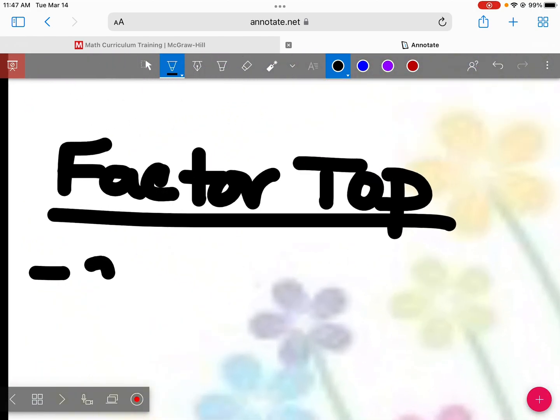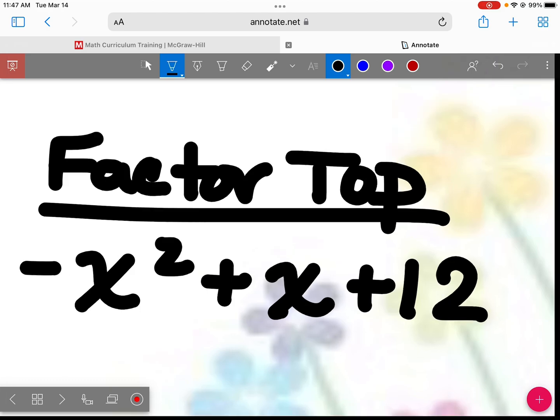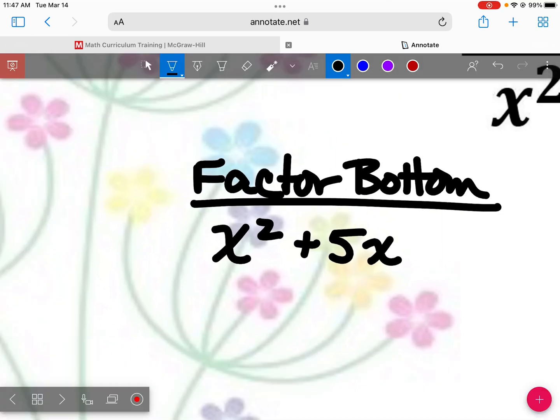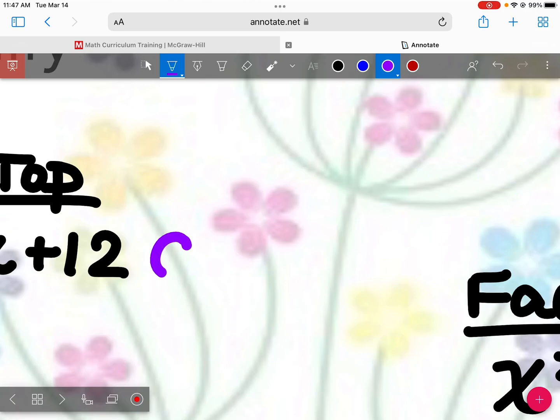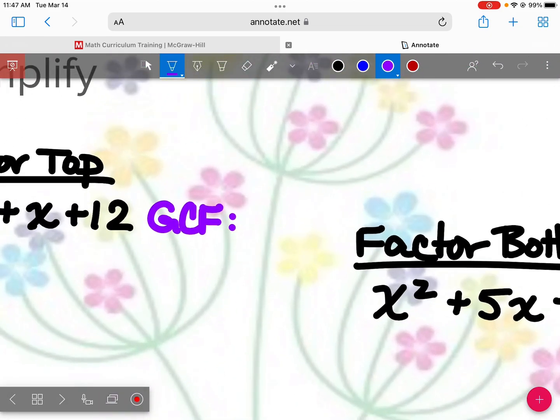So the top, negative x squared plus x plus 12. The bottom is x squared plus 5x plus 6. Not a trick question, but be very careful before you answer.